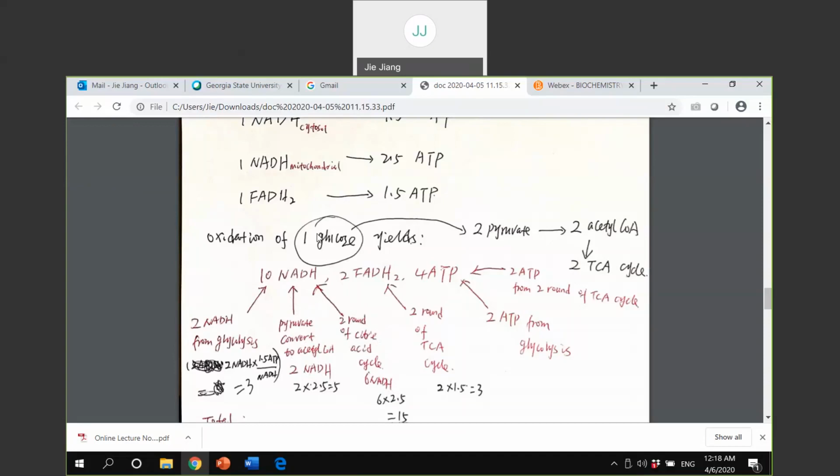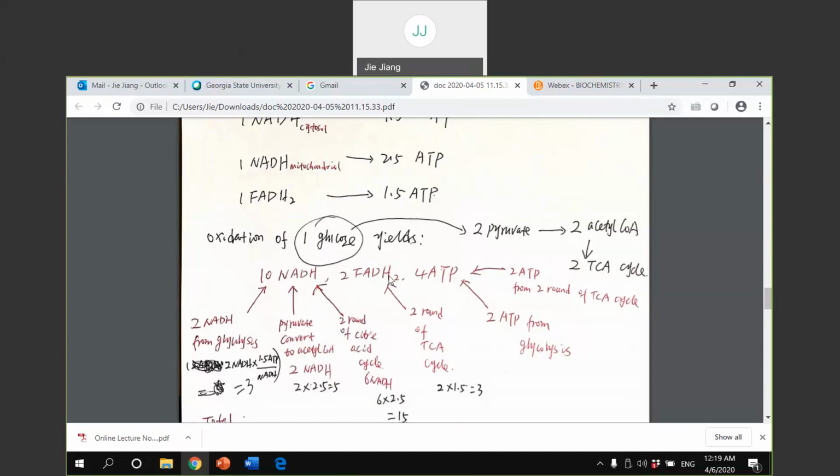Again, this is from one glucose, so everything for the citric acid cycle should be times 2, and everything from pyruvate should also be times 2, because each glucose will generate 2 pyruvates. That is how we get this 10 NADH.